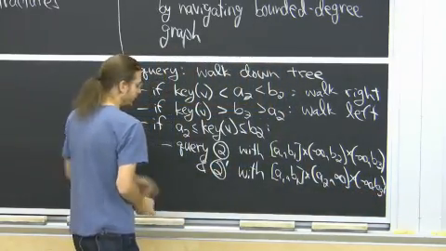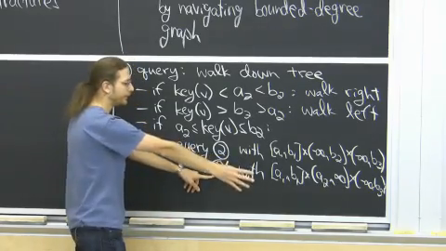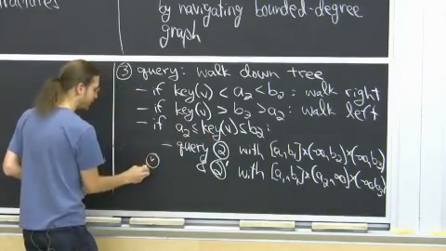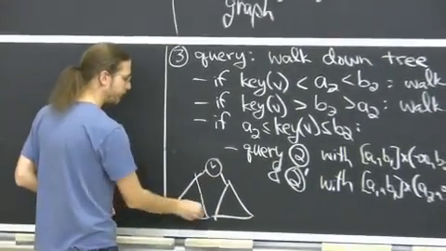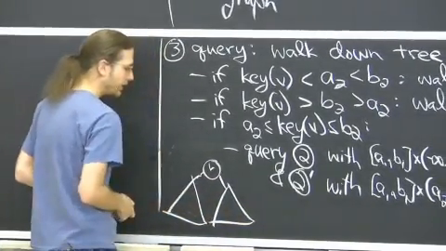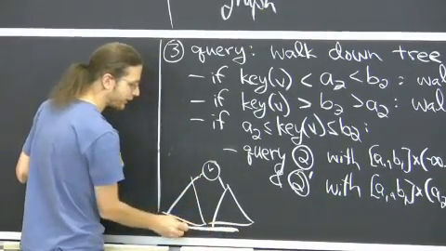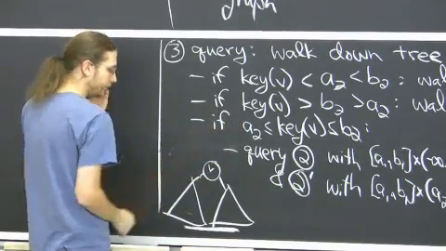OK, what does this mean? 2' is, we're doing rightward infinity searches in the left subtree. So here's V. Here's the left subtree of V, right subtree of V. So this is a bunch of points down here, a bunch of points down here. We know that the interval looks something like this. It straddles this node. That's what this means.